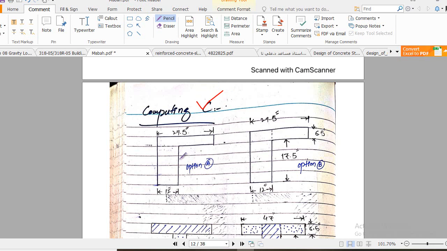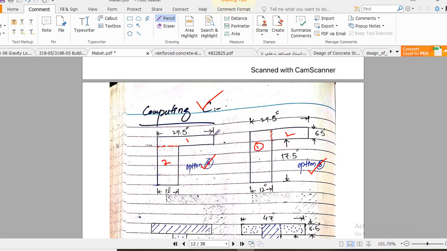So this is an H beam and you see option A, option B. Okay, what is the difference between these two sections? You see here, this one. Here we have one section and here we have two sections. But here you see that the section is changed. This is section 1 and this is section 2.